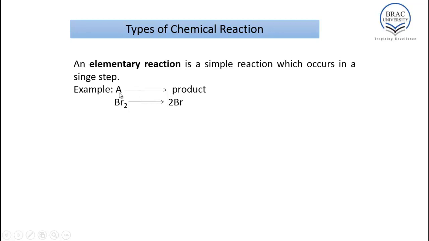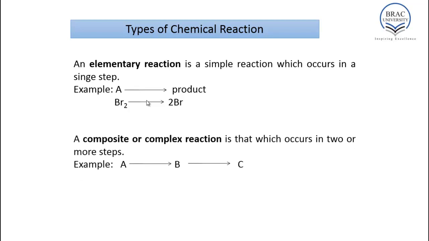Here A is converted into its product in just a single step. That's why this is termed an elementary reaction. Br2 is converted into 2Br just in a single step. That's why this is another example of an elementary reaction.